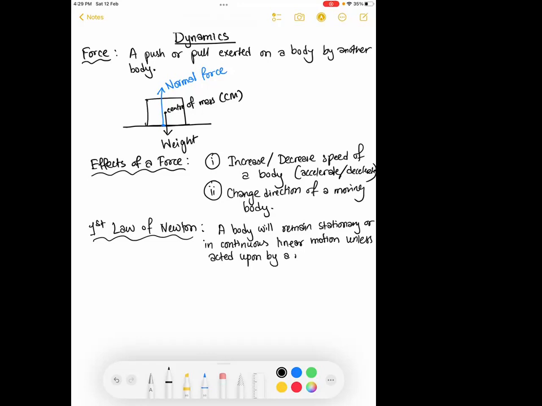Now this one, resultant, is a very important word. Now you could have asked me that why is this stationary then? Because even if there are forces acting on it, the resultant force is 0.